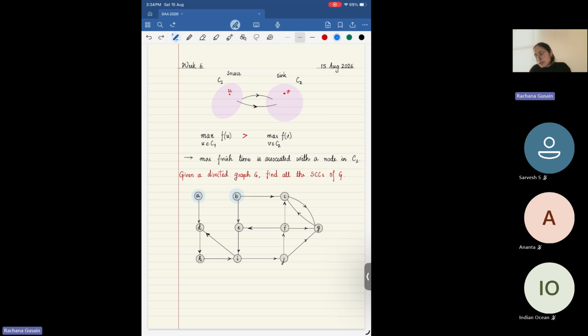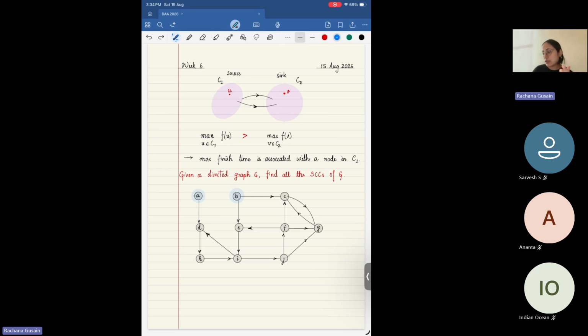What about C? It is not a strongly connected component, it's a strongly connected subgraph. Any singleton node is always a strongly connected subgraph, but is it a strongly connected component?